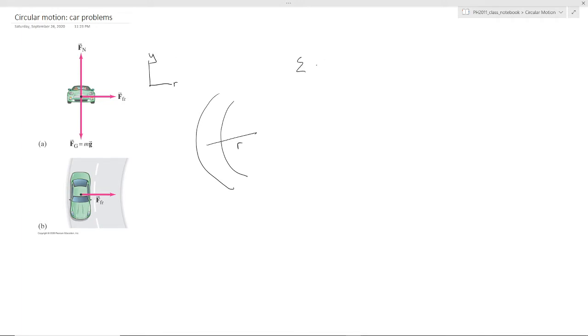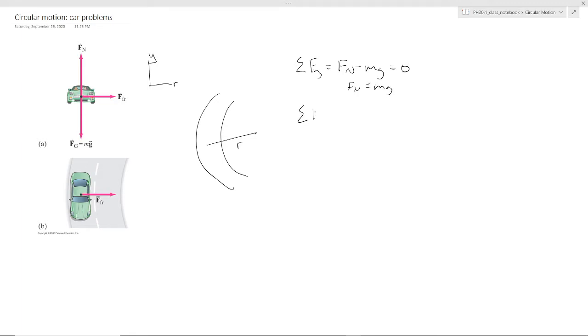And if we look at the forces in y, we have our familiar normal force and force of gravity. And those are going to equal 0 because it's not accelerating in y. So this tells us what the normal force is.